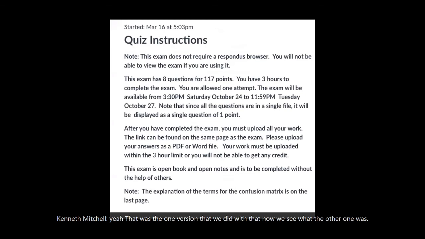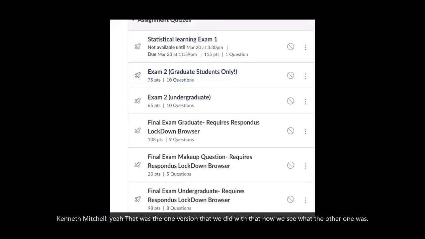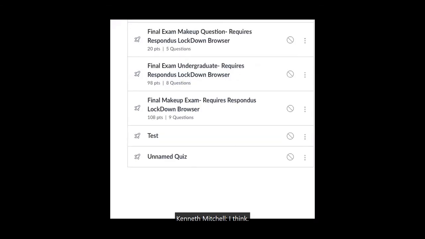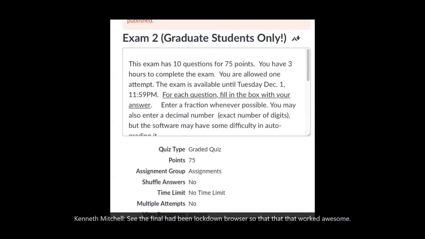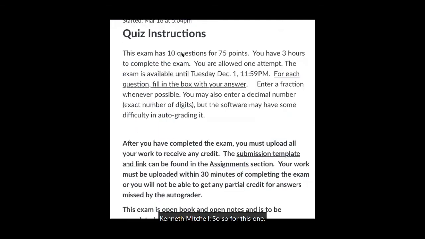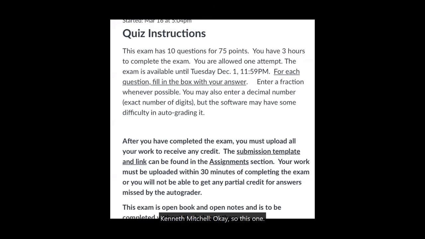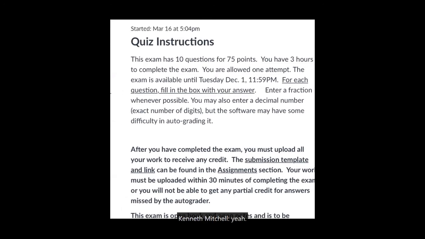Let me see what the other one was. I think. See, the final had the lockdown browser, so that worked also. So for this one, okay, so this one was yeah.